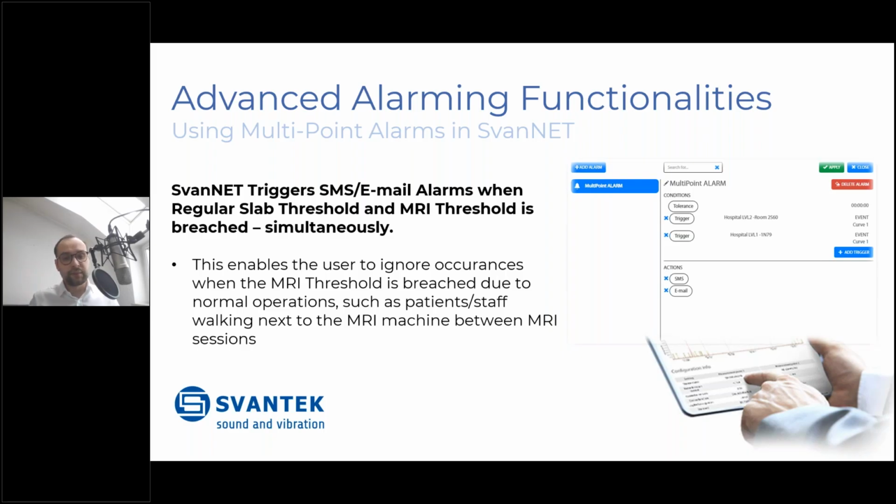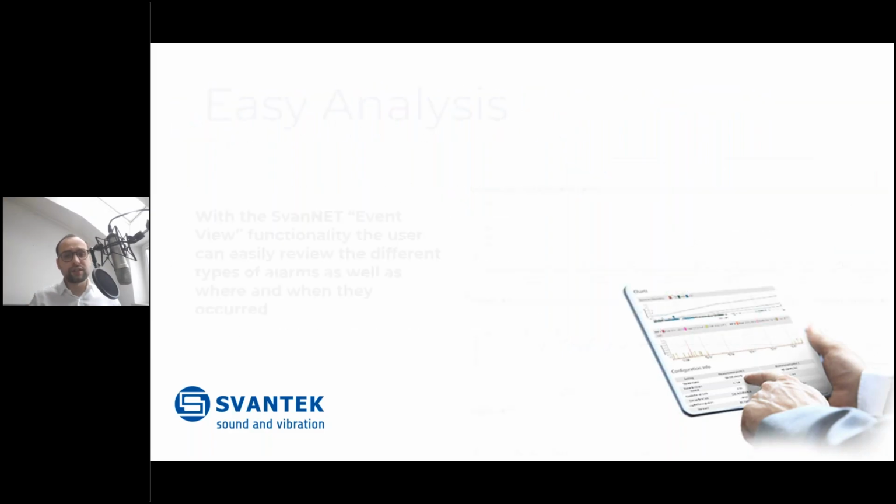Obviously, this is not something that is always in a steady state, but thanks to a multi-point alarm system that is implemented in Svantek and can be used with two 803s deployed at two different locations, you can then filter out the occurrences that occur when the output level, so the level at the MRI machine, is actually lower than the input level.